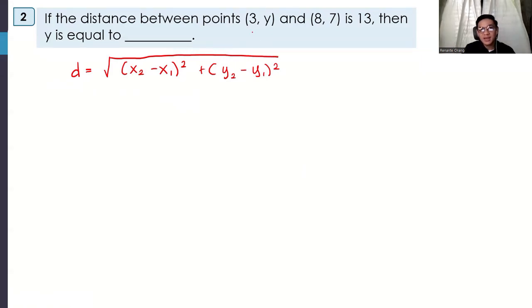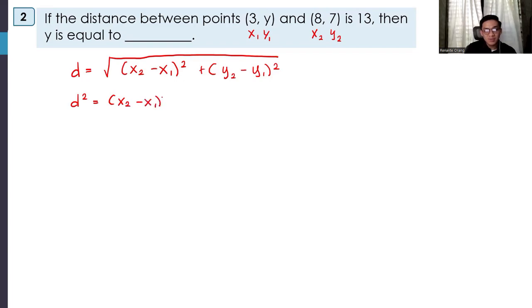Let's designate: this is our x sub 1, this is our y sub 1, this is our x sub 2, and this is our y sub 2. Let's move the square root to the other side, so d squared is equivalent to (x sub 2 minus x sub 1) squared plus (y sub 2 minus y sub 1) squared.